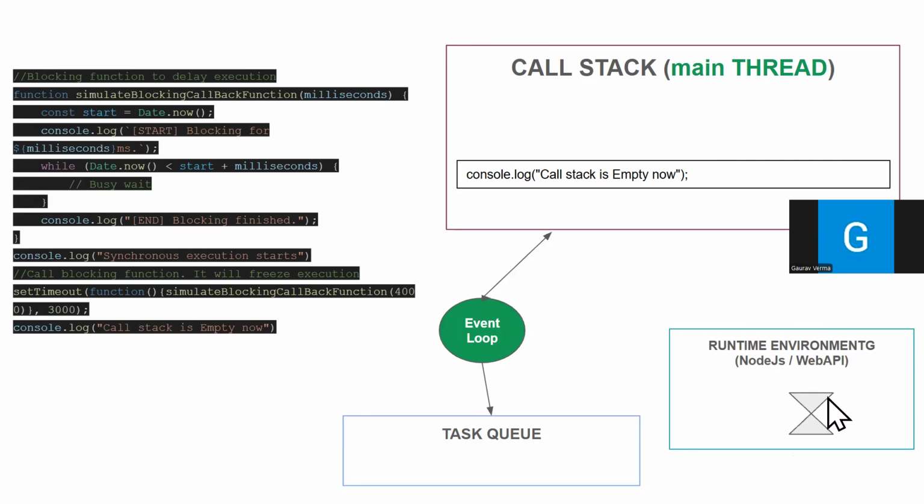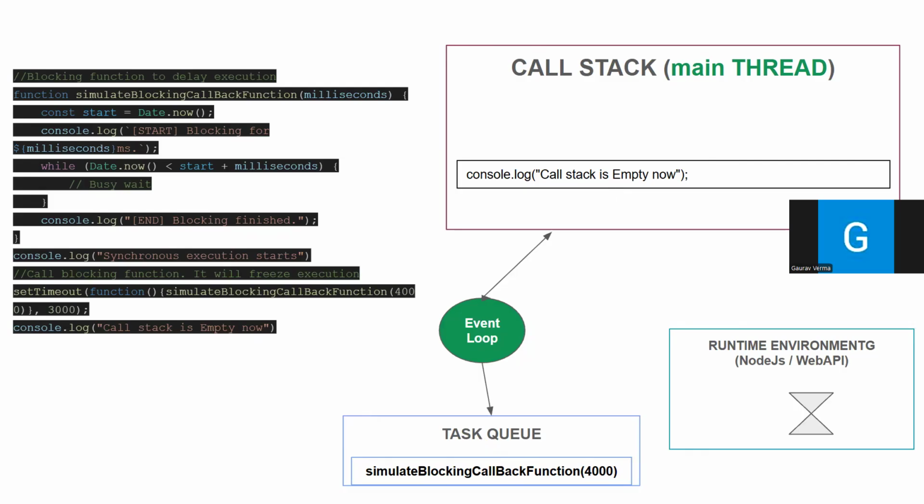As soon as this wait finishes, this callback function will be placed inside the task queue. Okay. Now this task queue will have this function, and there is a mechanism, the event loop. So what does the event loop do? The event loop is constantly looking into the task queue and into the call stack.